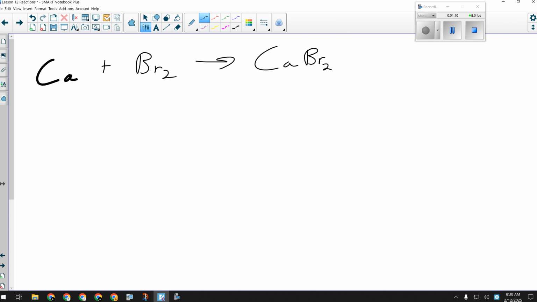You can refer back to your notes, I'm okay with that. This is the second day we've done it. This is a synthesis reaction. 2 elements are combining to form a single compound in this reaction. Okay, so that's a synthesis reaction.